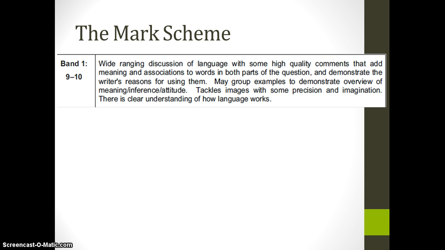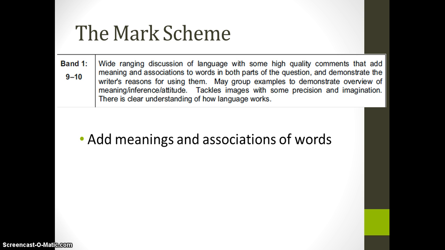Okay, for me there are 4 main things that I think are really important when we look at this mark scheme. Firstly, the idea about adding meanings and associations to words. Now, this is asking you to make sure that you comment on individual words. It might not be enough to take longer quotes out of the paragraph without actually breaking it down and picking out words.